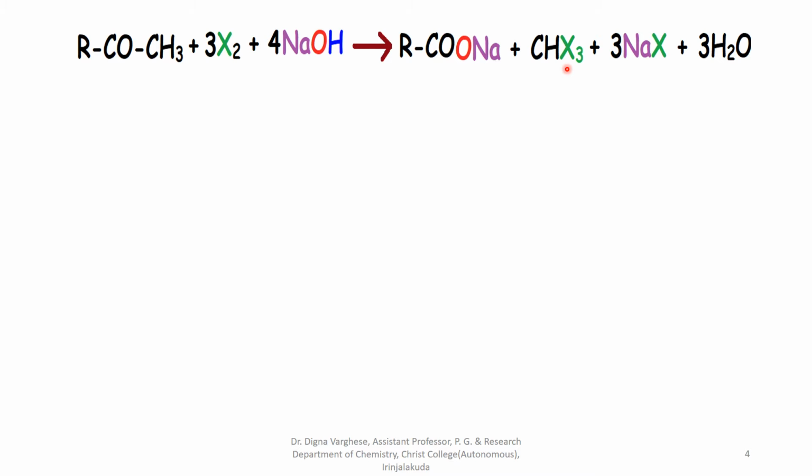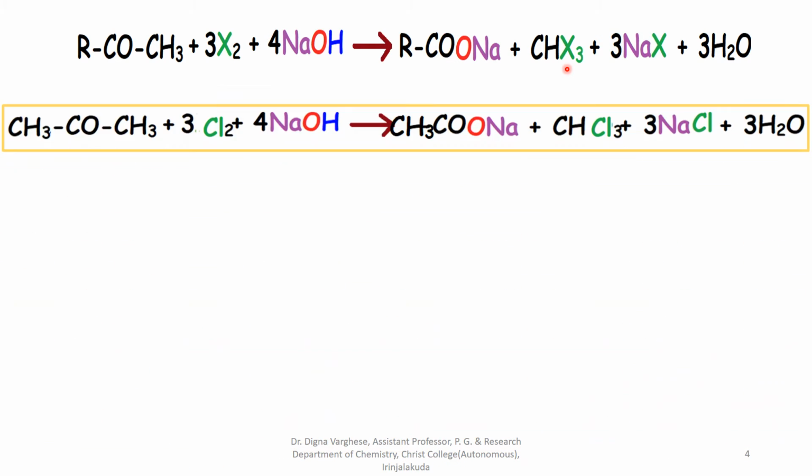So, the first reaction: if the halogen atom is chlorine, what happens? Here, acetone is taken in the presence of alkali and chlorine. It forms sodium acetate and chloroform, sodium chloride and water.